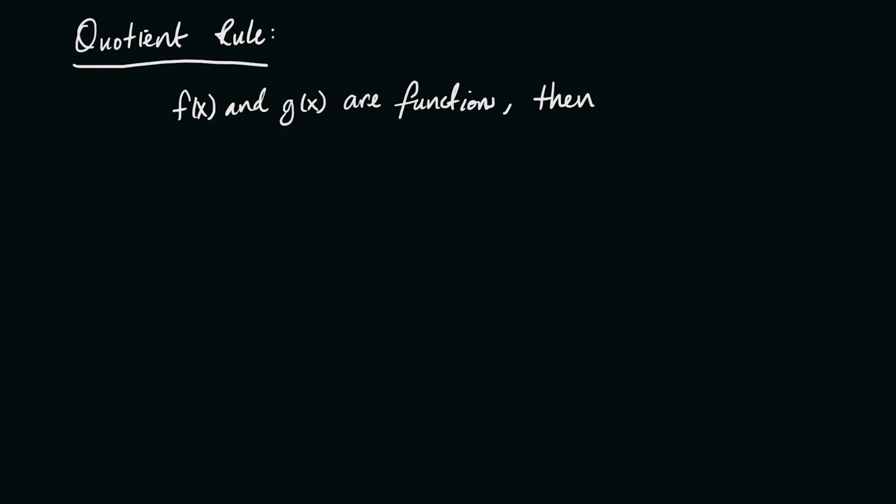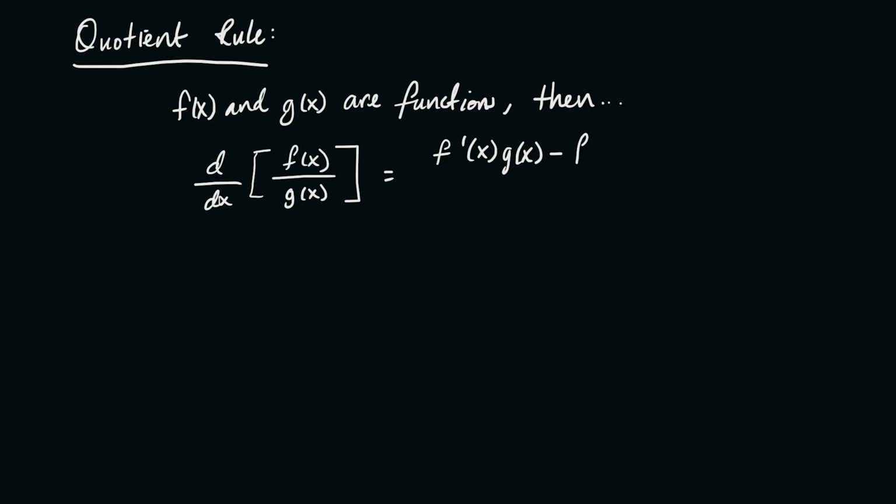Then the derivative of f of x over g of x is just equal to f prime of x times g of x minus f of x times g prime of x, over g of x squared at the end.